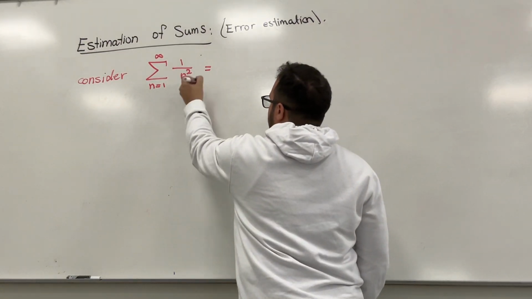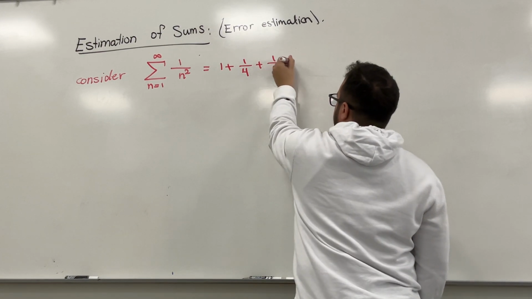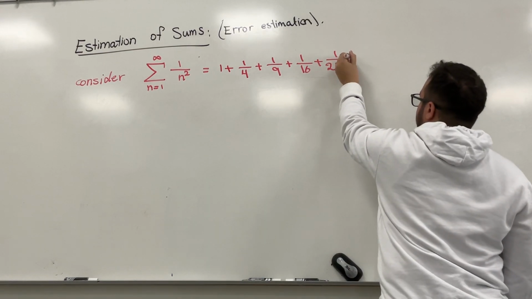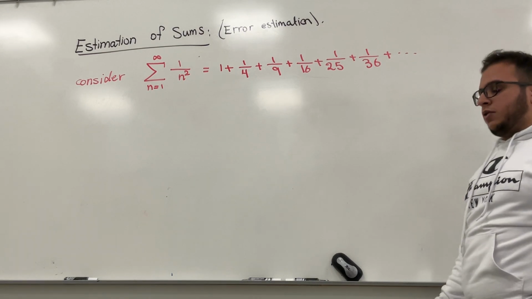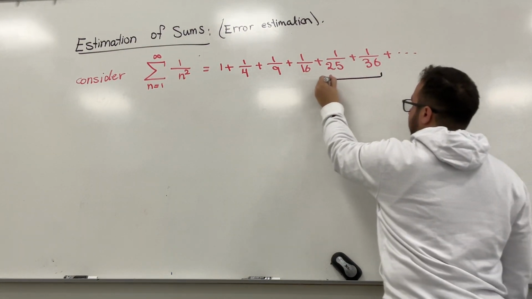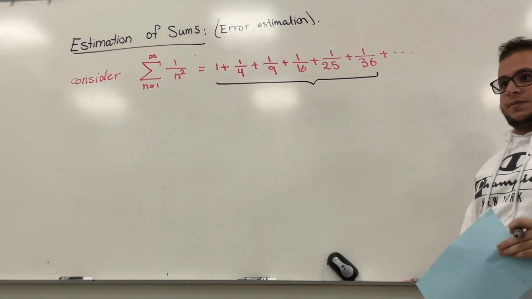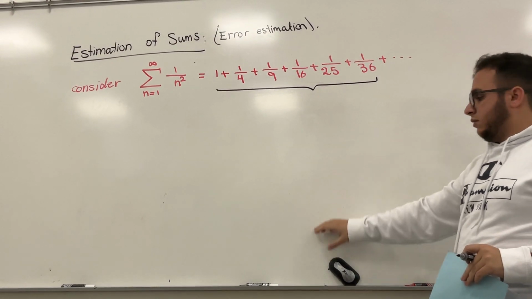So if you plug 1, you get 1. If you plug 2, you get 1 over 4. And then 1 over 9, right? And so on. And you keep summing. But what do engineers say? They will say, I'm going to take the first, how many terms here? 6 terms. Can someone use a calculator and find this number?